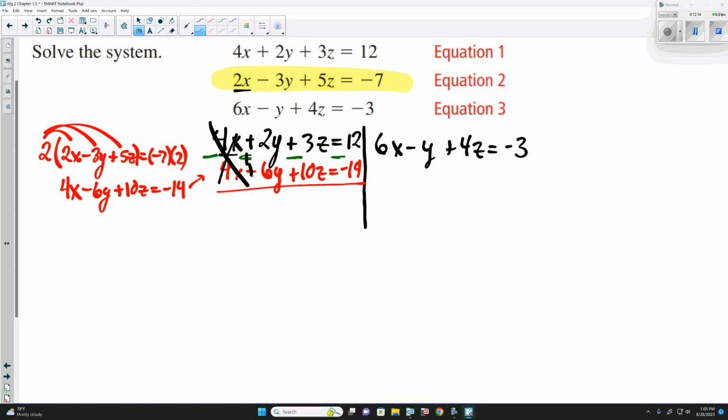So we have 2y plus 6y, which is 8y. Then we have 3z minus 10z. 3 minus 10 is negative 7z is equal to 12 minus negative 14. Negative negative makes a plus. 12 plus 14 is 26. Questions on this so far?